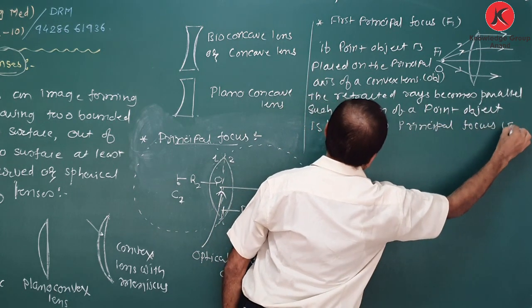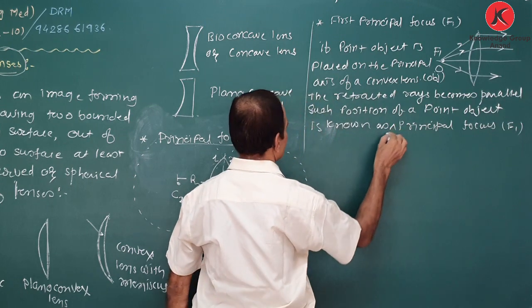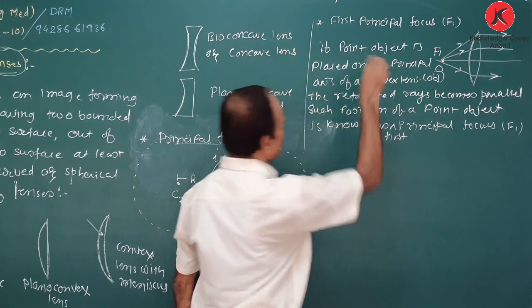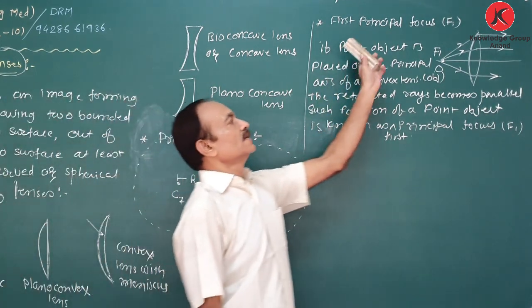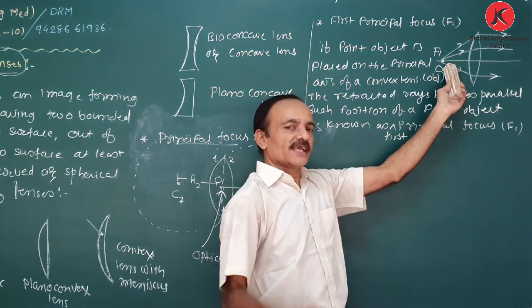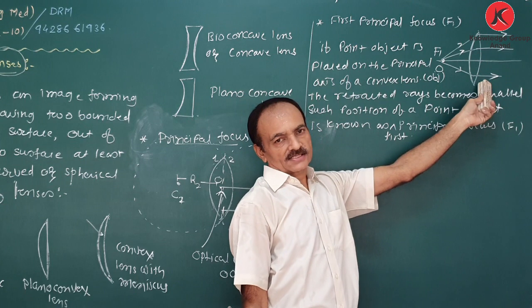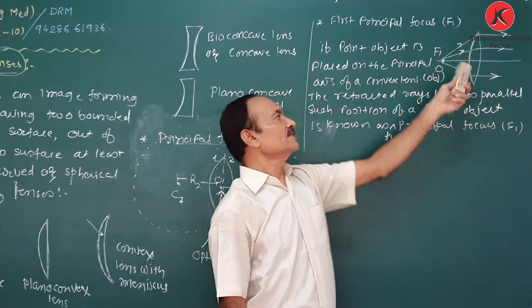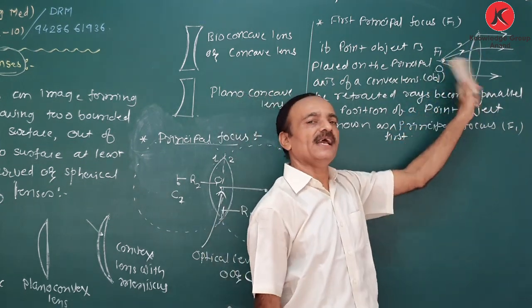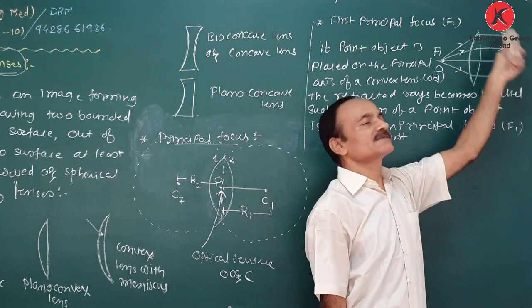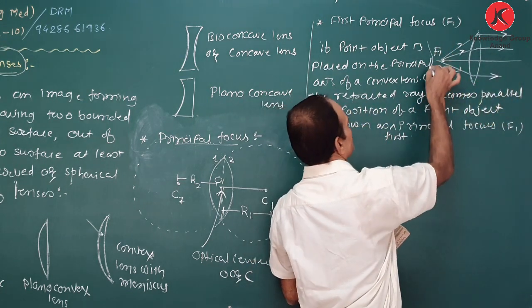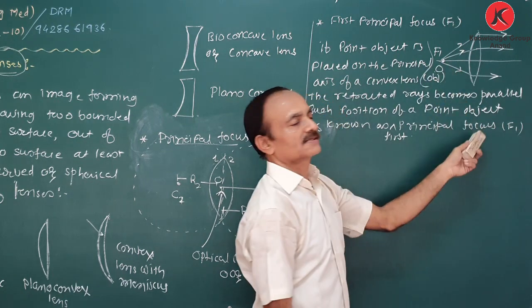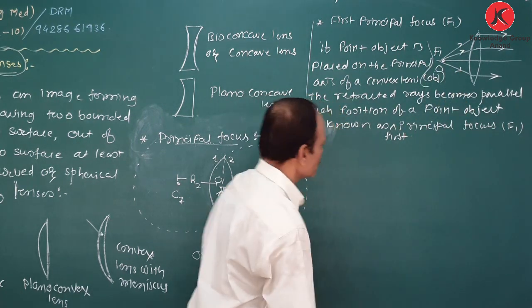That means there is the first principal focus in the case of a convex lens. Again, if the point object is placed at any point on the principal axis in such a way that the rays after the refraction by the lens become parallel to the principal axis, in that case the position of this object is known as the first principal focus.